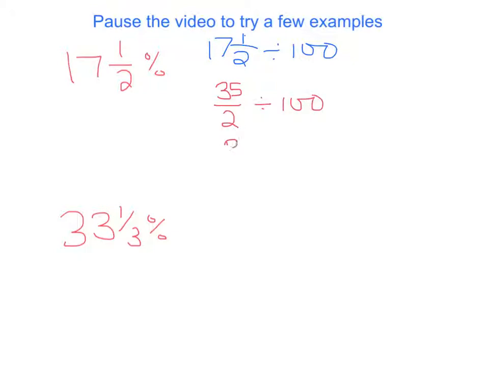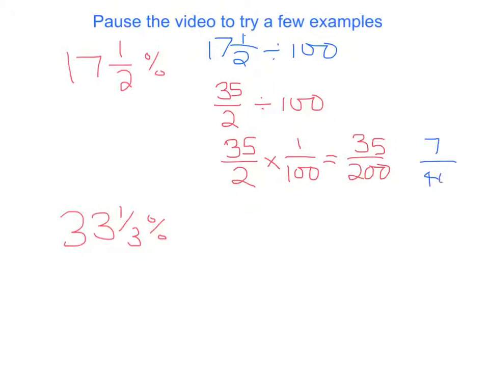We're going to keep the 35 over 2, we're going to multiply, and then we're going to flip this to 1 over 100. So you would get 35 over 200, or you can simplify that down to 7 over 40.